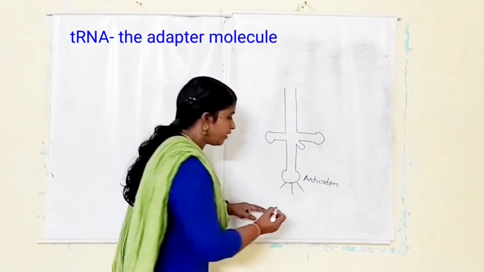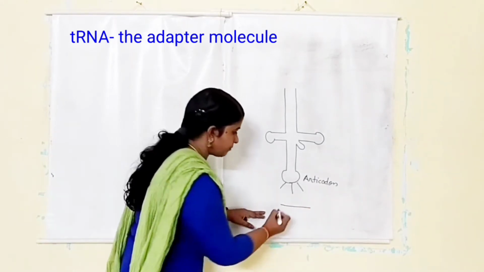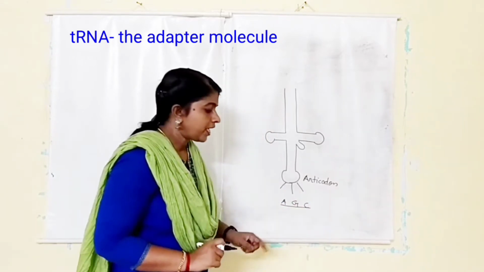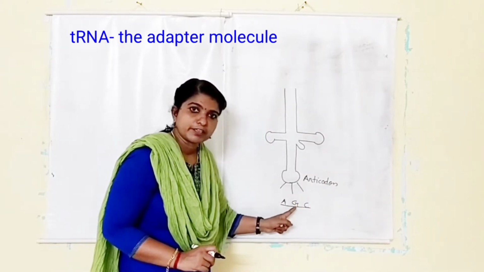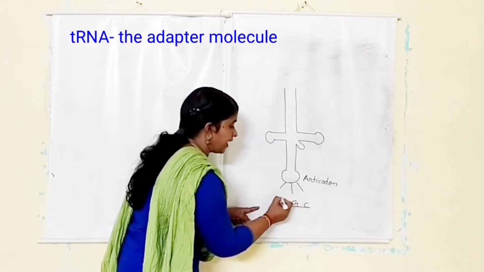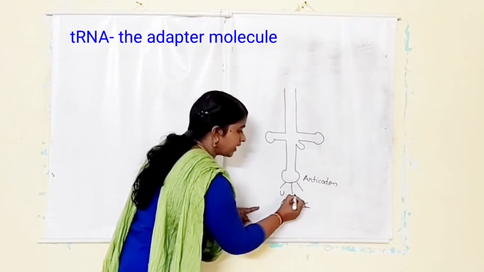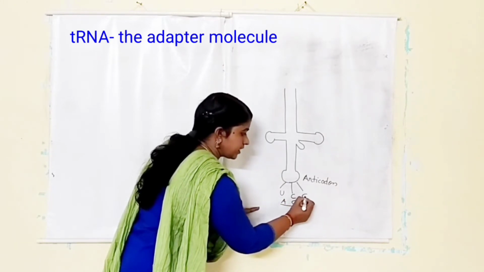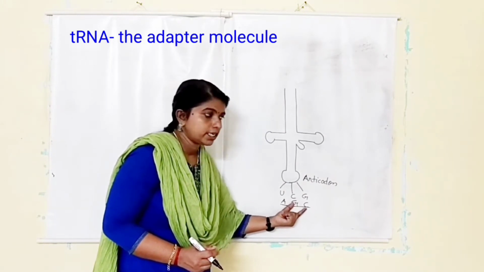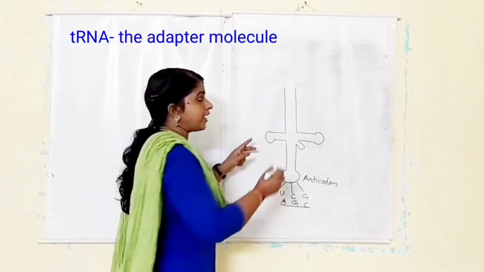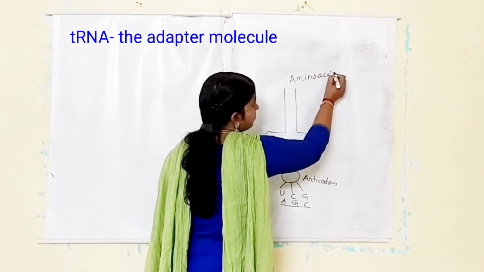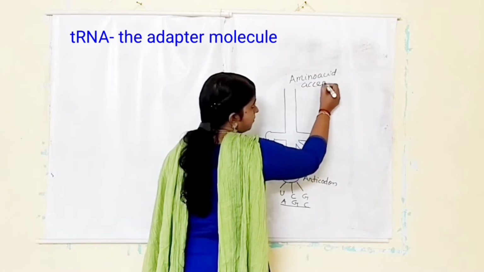For example, if the mRNA sequence is A, G, C, suppose, then it reads the specific codon. Here the complementary base of A, that is U, here it is C, here it is G, and the corresponding amino acid is attached here, and this end is known as the amino acid acceptor end.